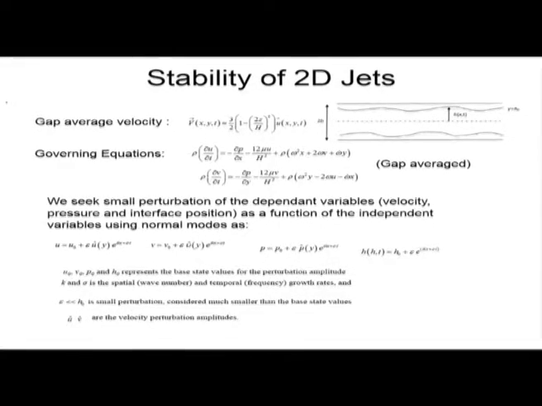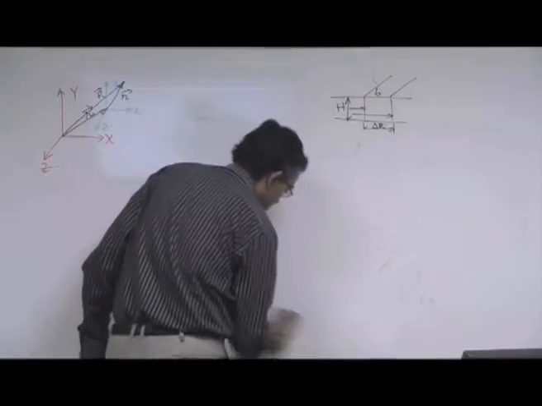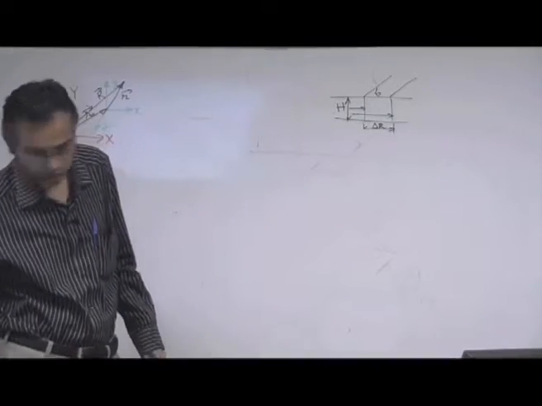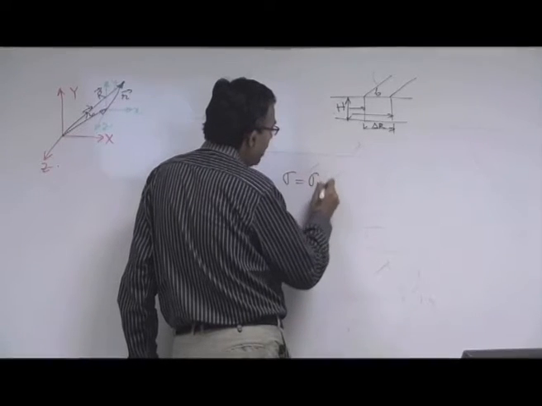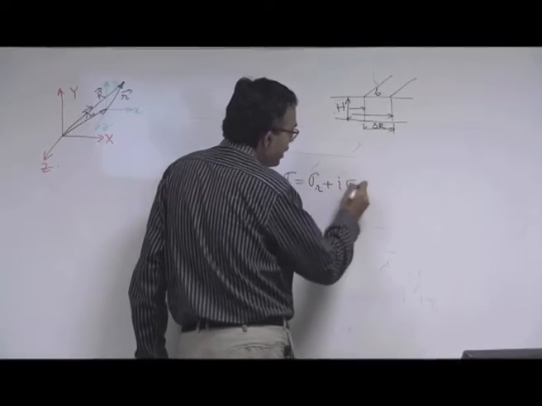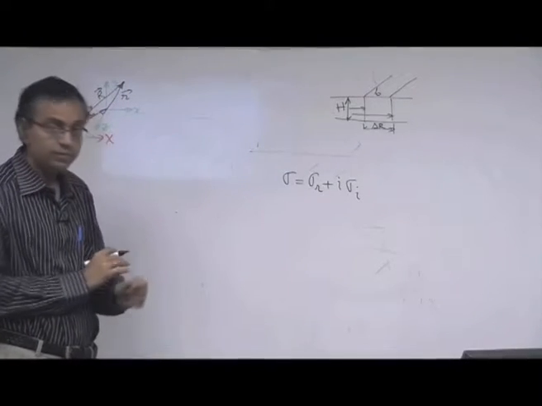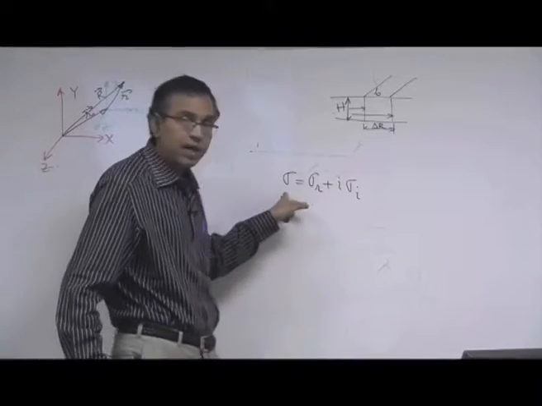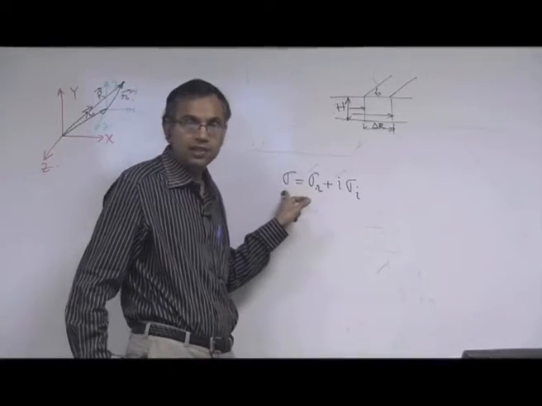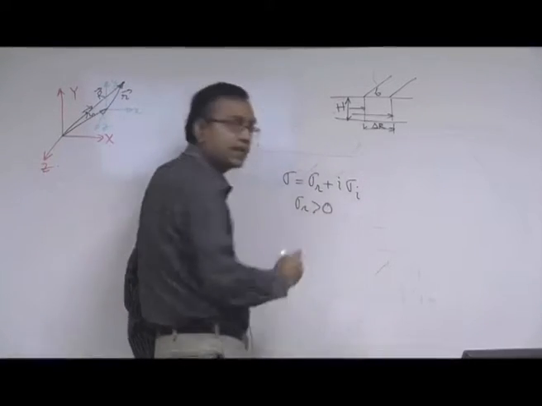When it will amplify with time, I will quickly figure it out on the board. Sigma is a complex number with a real part and an imaginary part. If sigma r is greater than 0, what does it mean?